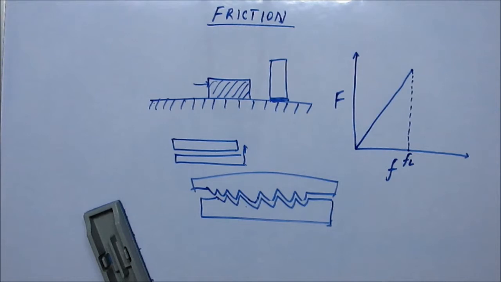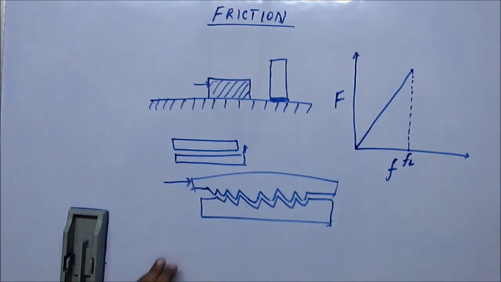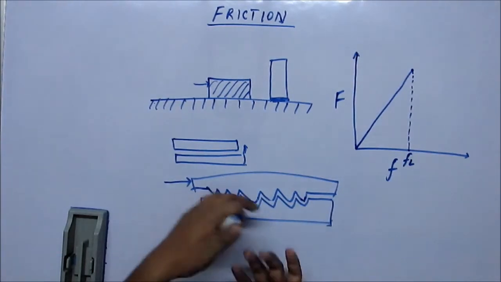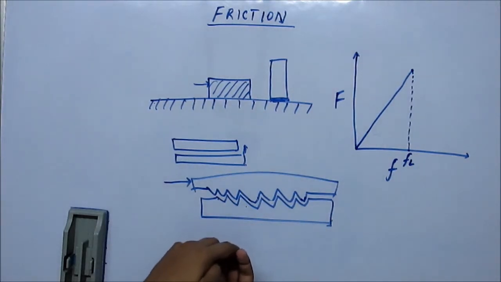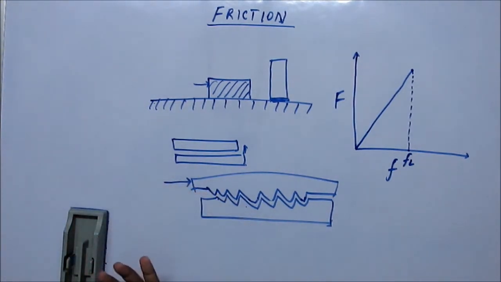Now you apply some force on the upper block for it to move, but it is not moving, because the teeth of these irregular surfaces are locked, and unless you break this lock, it's not going to move.